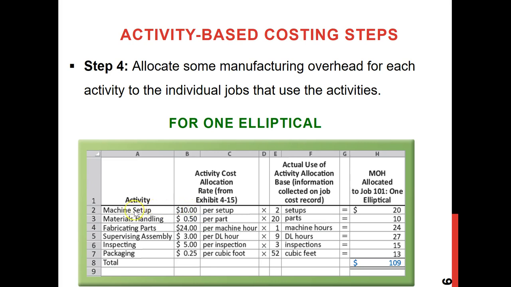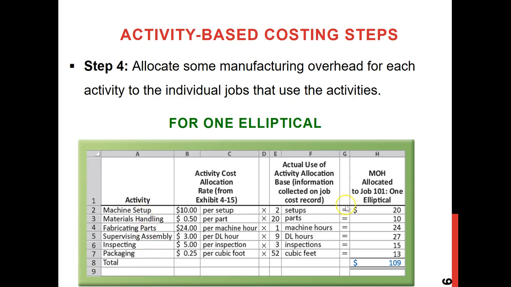Now, if we take those specific activity-based predetermined rates and multiply by the actual amount of allocation base, we will figure out the overhead cost for those activities. So here we have machine setup, material handling, fabricating parts, supervising, assembly, inspecting and packaging.